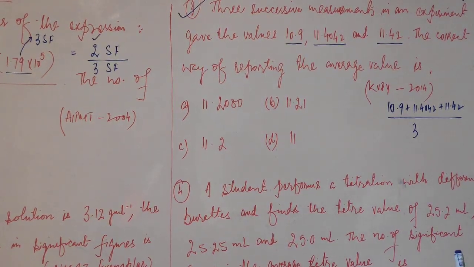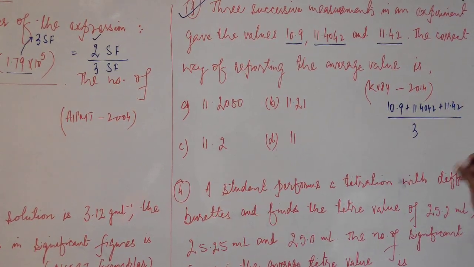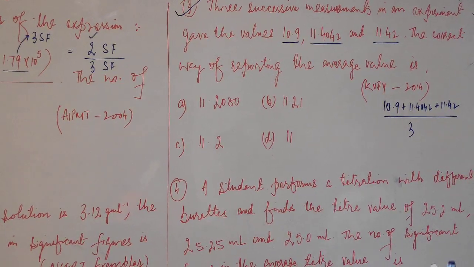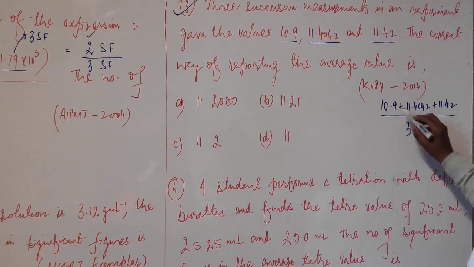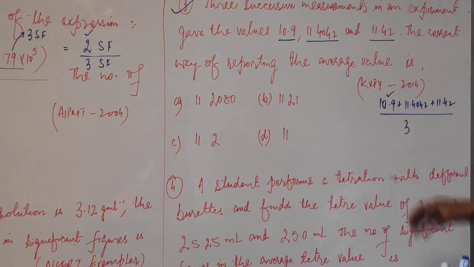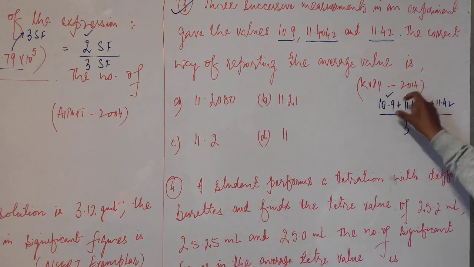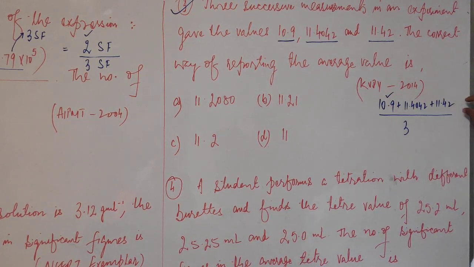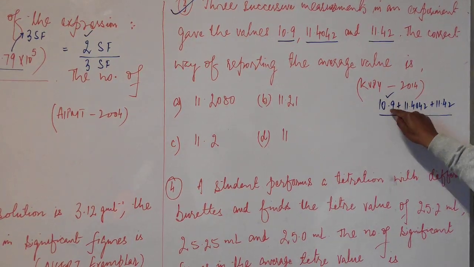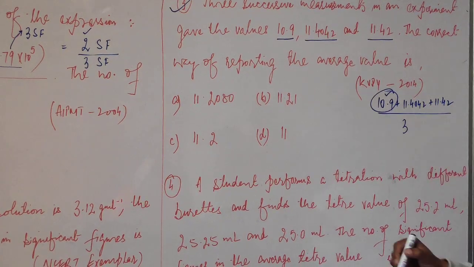But students, this is a question where first addition is carried out, and we know that in addition the final answer should be reported up to the minimum decimal places, which are in the term 10.9. Since 3 is an exact number, it has infinite significant figures, so we consider only these terms, and here 10.9 is the least precise term, so our answer should be up to 1 decimal place.